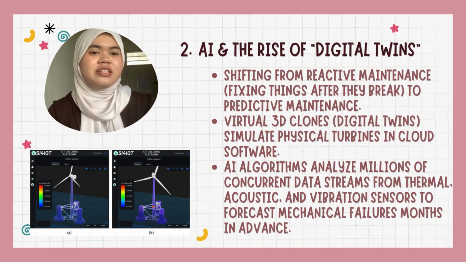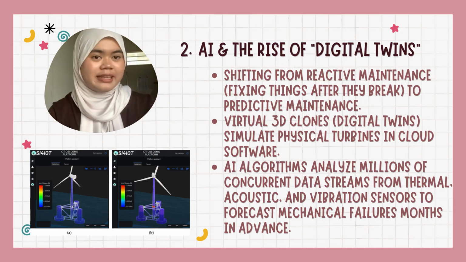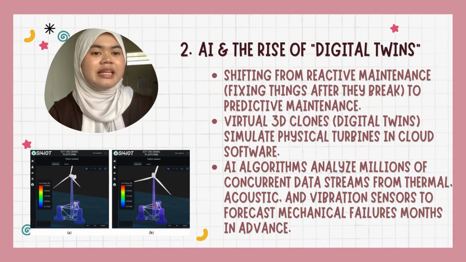The second revolutionary shift is the marriage of instrumentation with artificial intelligence and digital twins. Right now, if a gearbox sensor detects overheating, the turbine simply shuts down. But in the near future, AI algorithms will continuously analyze historical data from thousands of acoustic and thermal sensors simultaneously.